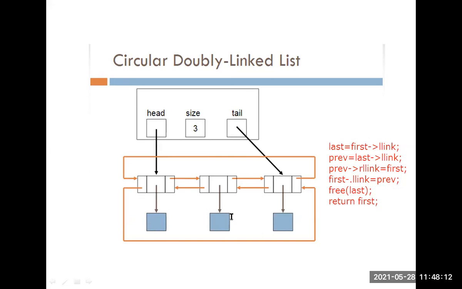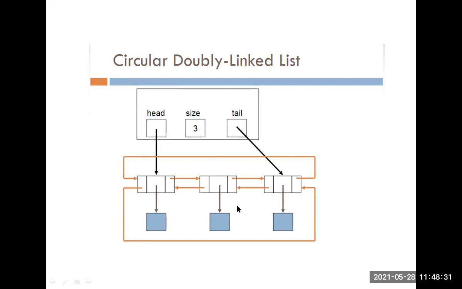Clear, students, or any doubt? So this is the completion of the linked list. Anybody has any queries? Please write a message in the chat box. Tomorrow we will discuss polynomial representation and sparse matrix. After that, the third unit is power.